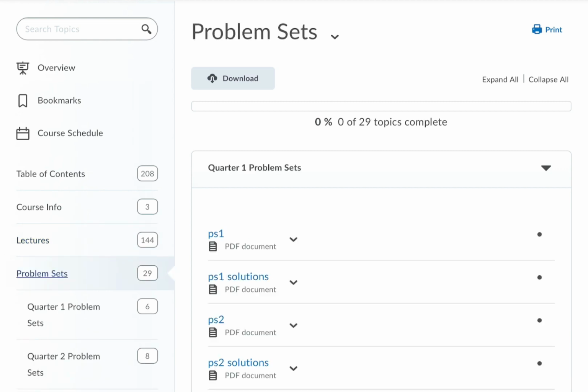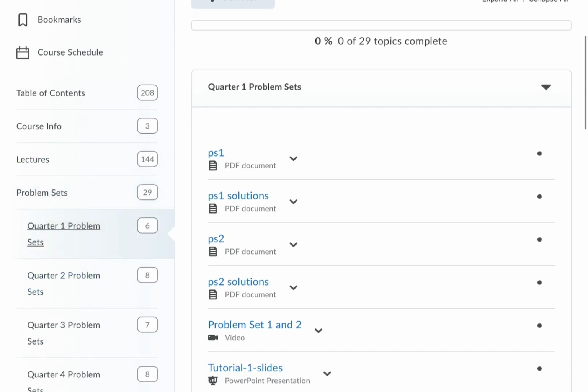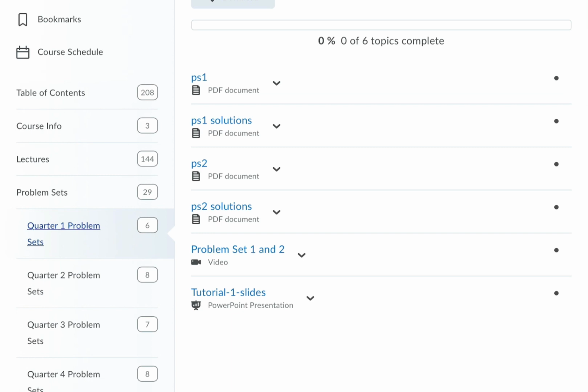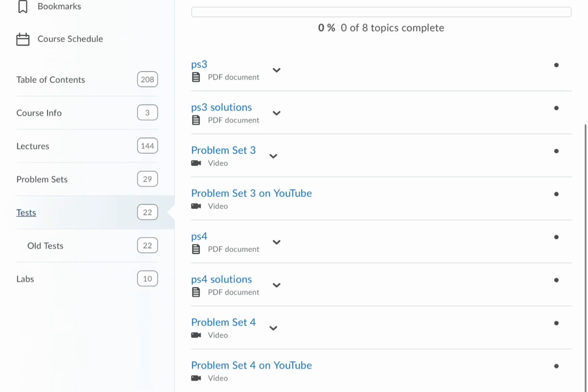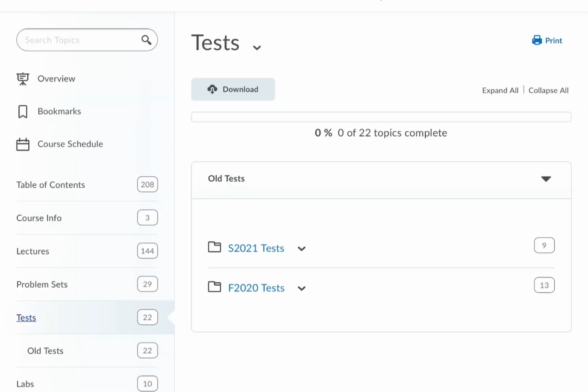Under problem sets, I divide them into quarters, and for each quarter you can see the problem set, the solutions, and there's one tutorial for both problem sets. For the first quarter and the second quarter, there are actually two different tutorial videos. And then there are the tests. I've uploaded the last two terms' worth of tests.